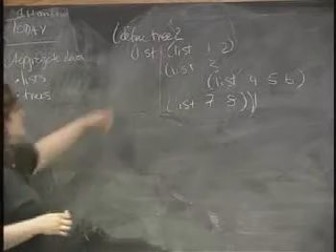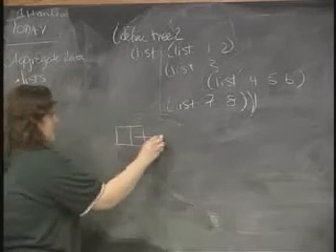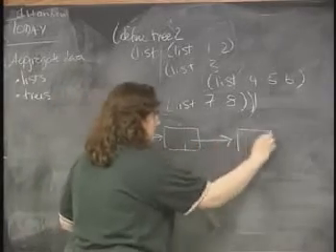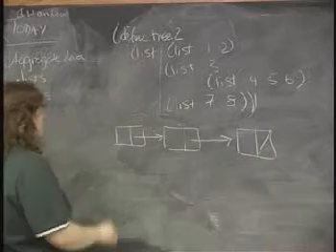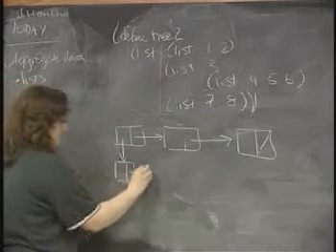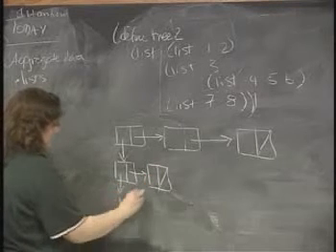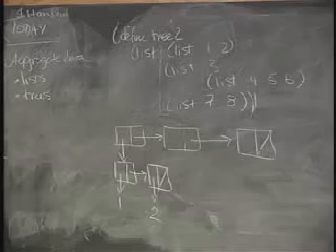So our first list, let's draw the box and pointer diagrams. Our top list is a list of 3 elements, where the first element of the list is a list of 2 elements, with the first element being the number 1 and the second being 2.